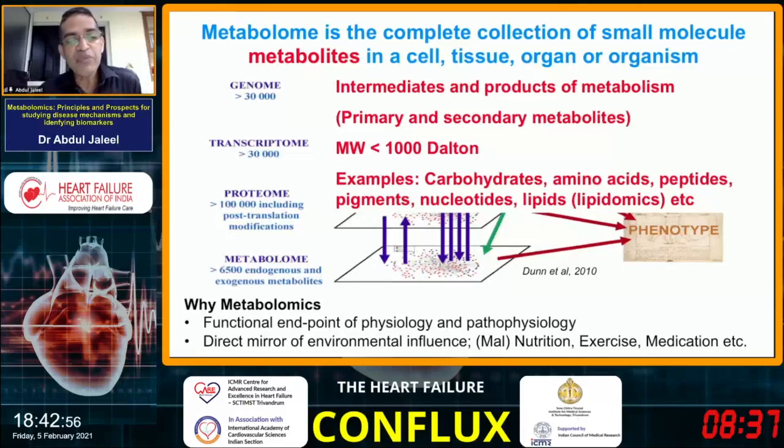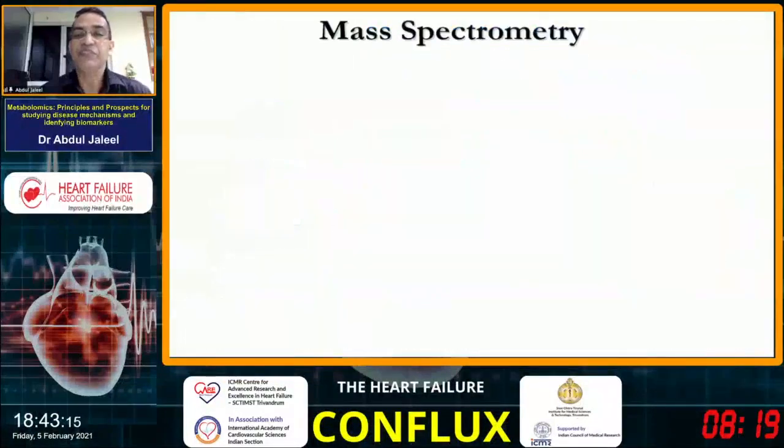So why metabolomics? As I said, the metabolome is the functional endpoint of physiology and pathophysiology, and it is the direct mirror of environmental influence. That is, it shows the effect of nutrition or malnutrition, exercise, treatment, etc. Regarding the tools of metabolomics, there are mainly two: NMR spectroscopy and mass spectrometry.